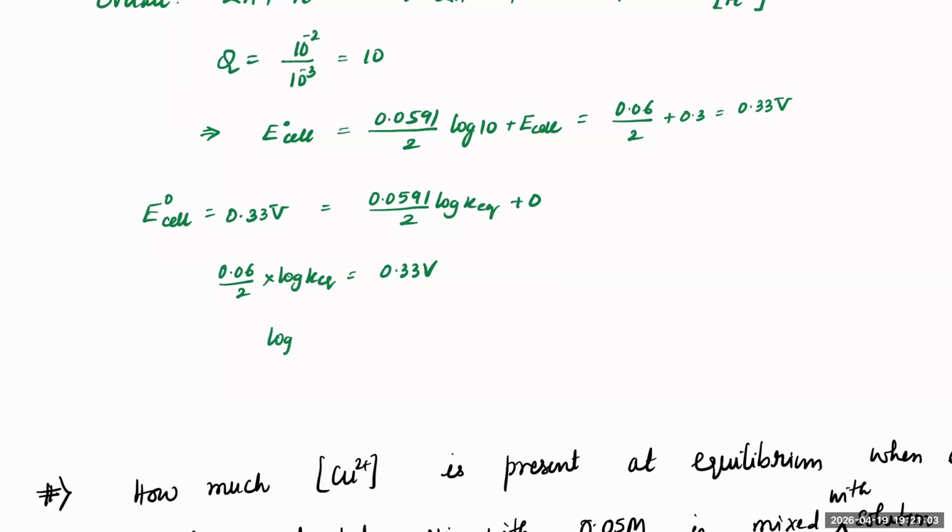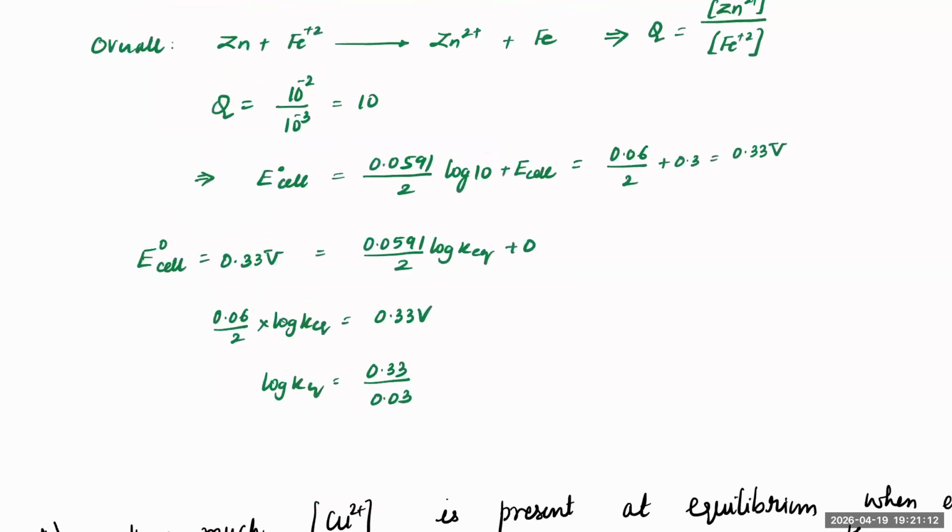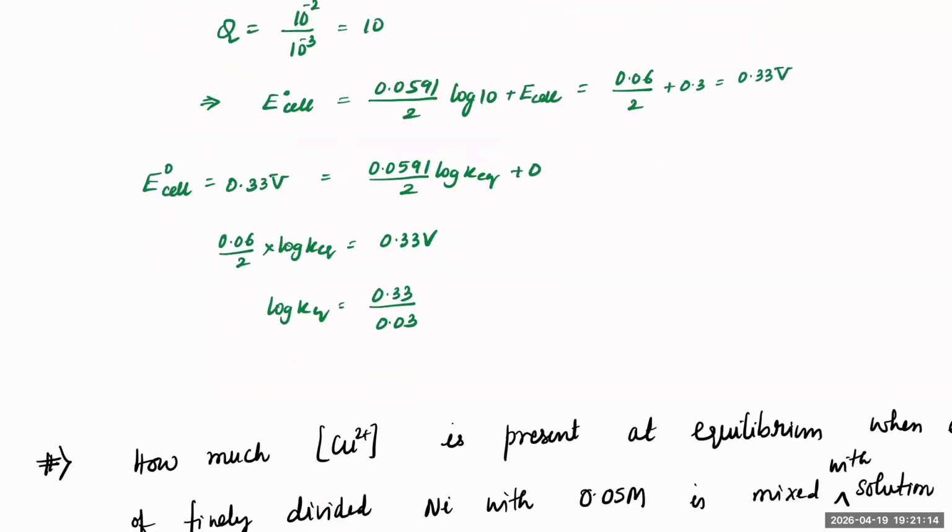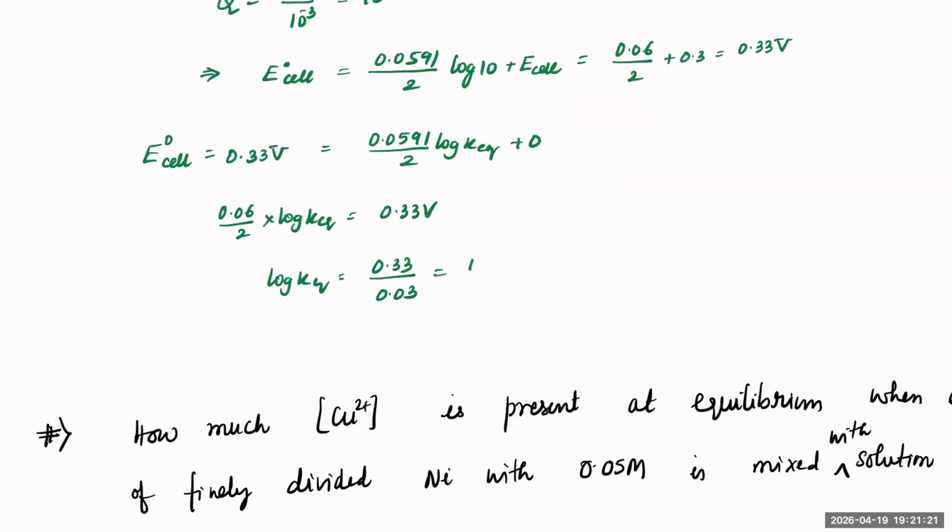So log of K equilibrium will be equal to 0.33 by 0.03. Isn't it? This is what we will get. 0.33 by 0.03. So therefore, from here, we will get this as 11.